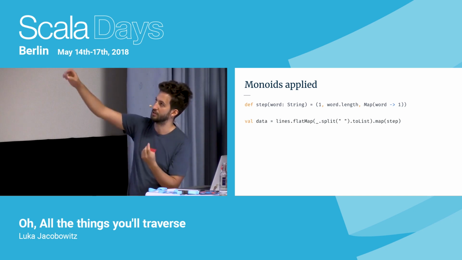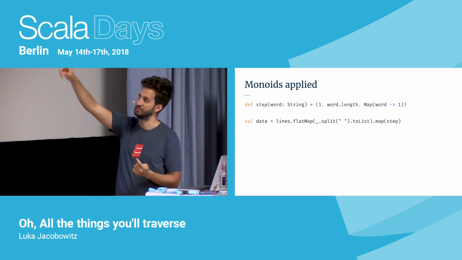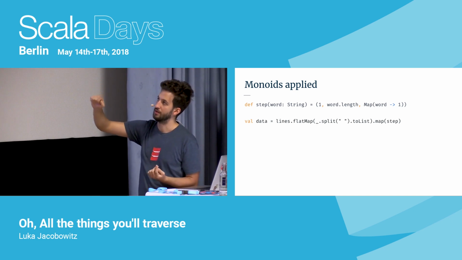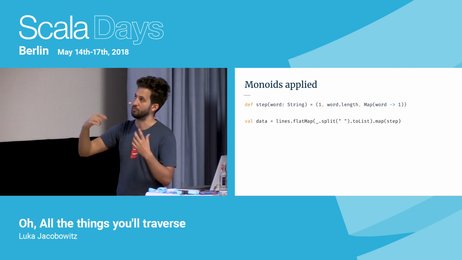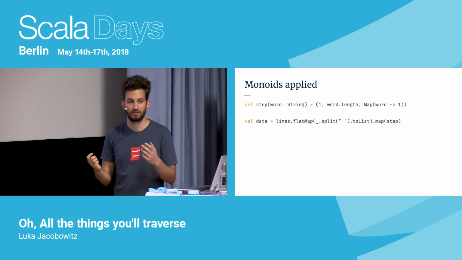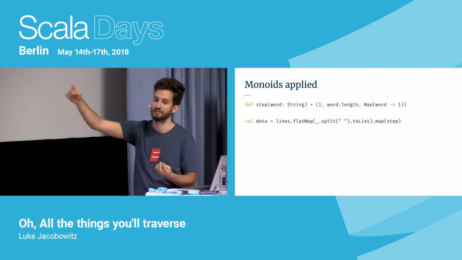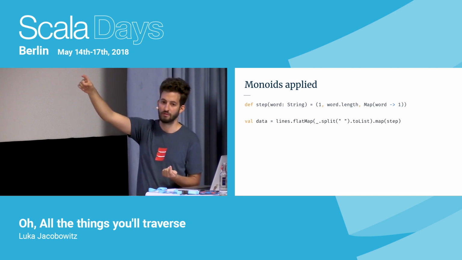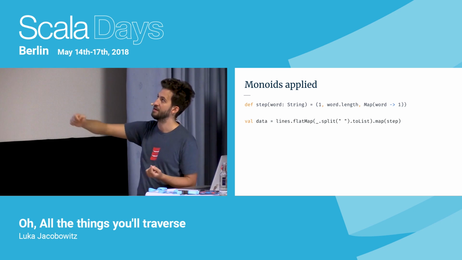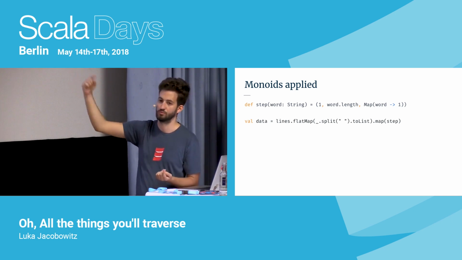And then if we combine tuples of these values, for example, we have hello and world, the combined tuple will give us the number of words, which is 1 plus 1 is 2, the combined characters, which is hello.length plus world.length, and then a map of hello to 1 and world to 1, right?